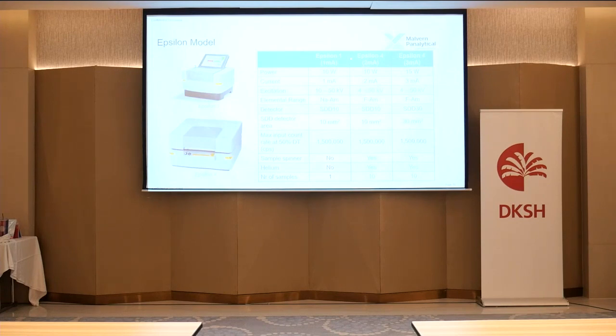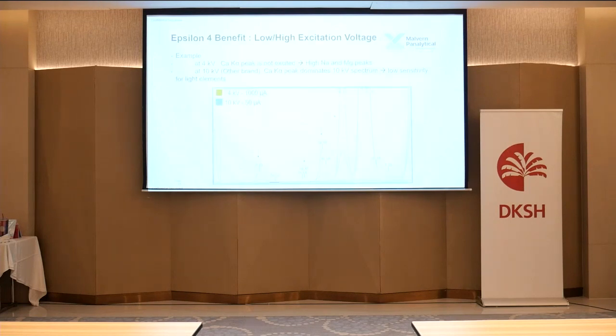But also in this Epsilon 4, what we have implemented is the low kV excitation. So we can go down to 4 kV, and most benchtop XRFs usually start from 10 kV. That is an advantage, because with 4 kV excitation, you can get better sensitivity to the light elements. And that is why we can go down in the light element periodic table.